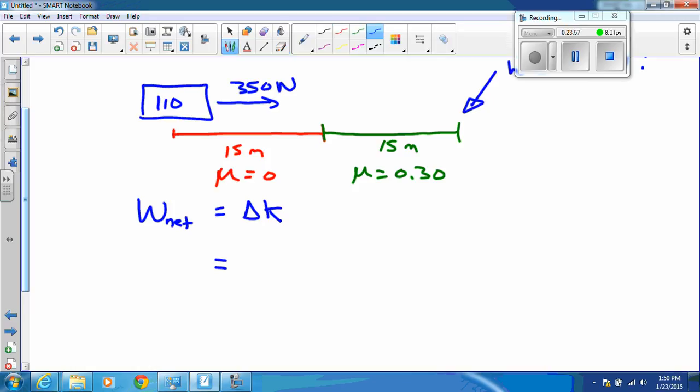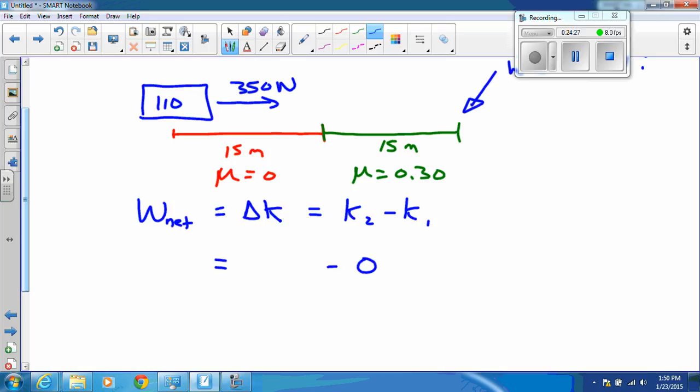Let's do the right-hand side because it's easy. How did you represent the delta K? Well, first off, I put them into K1 and K2. K2 take away K1. And then because it's not originally moving, K1 equals 0. Good.